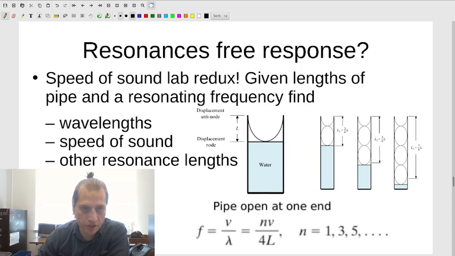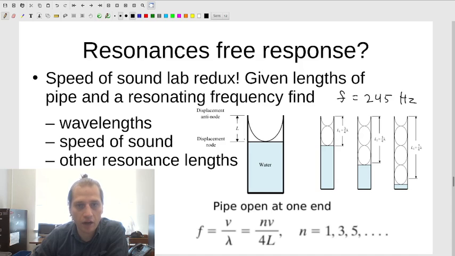So, for instance, I could give you the resonating frequency, just some number like 245 hertz or something like that, and then I could tell you, okay, the first resonance was at some distance, and from that, this is 1/4 of a wave. This is 3/4 of a wave. This is 5/4 of a wave. This is 7/4 of a wave.